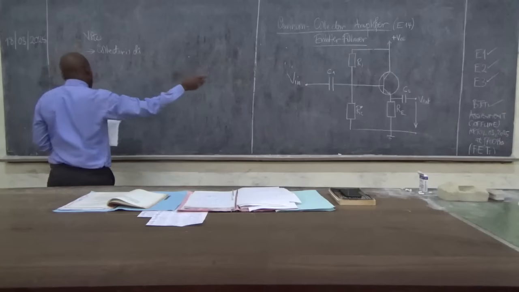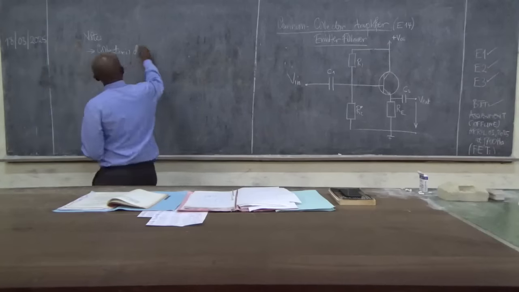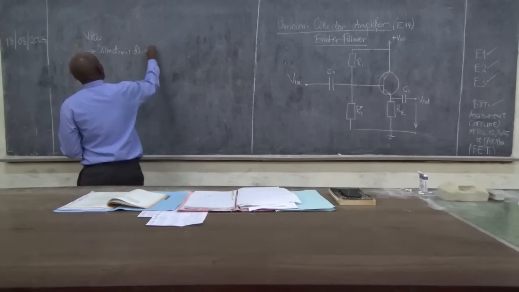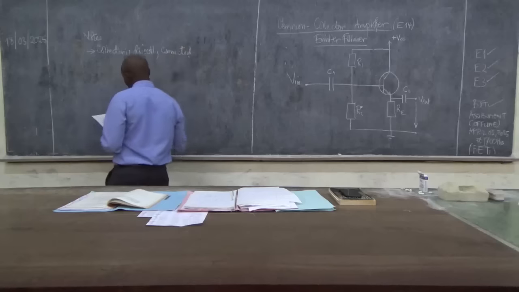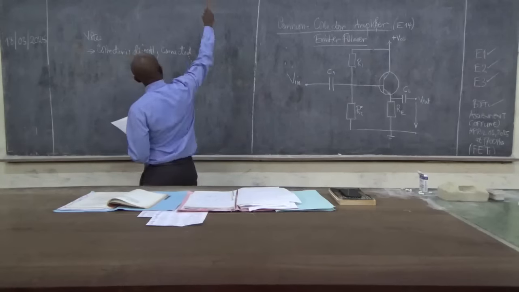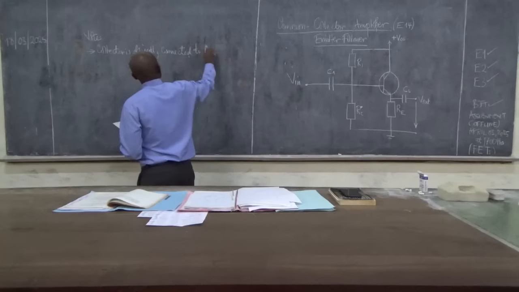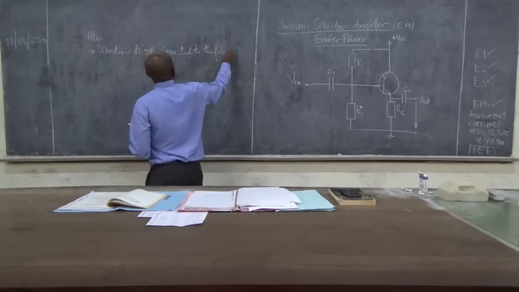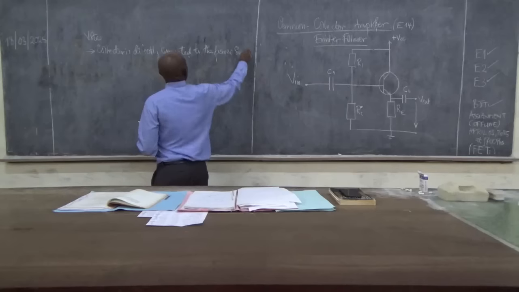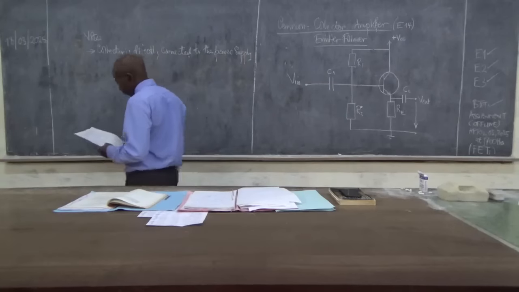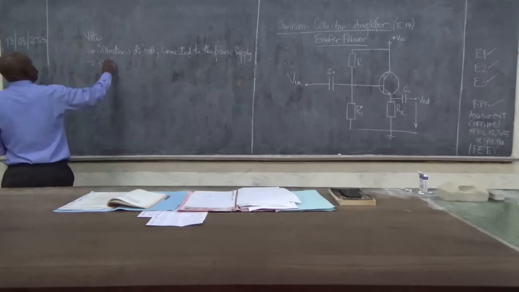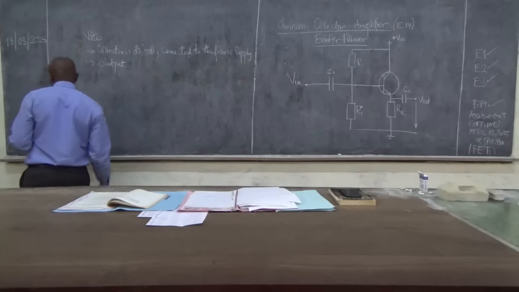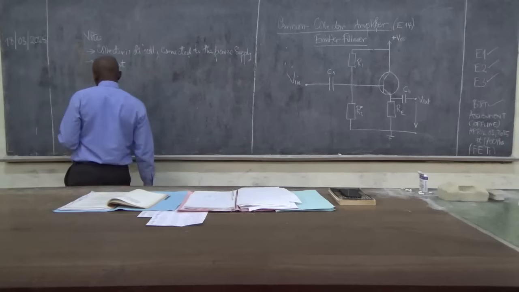So the collector is directly connected to the VCC, which is from the power supply. Two, the output is obtained from the mirror terminal.